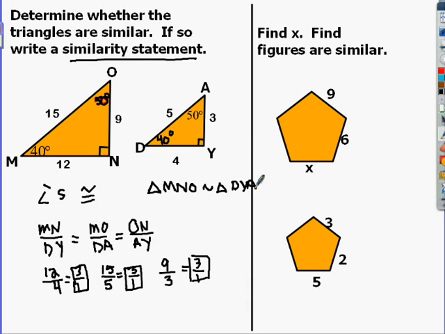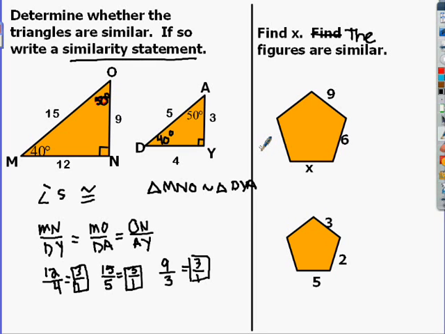Alright, excellent. Alright, in this other problem, it says find x. And then it says the figures are similar. Well, remember, in this case it's a 5-sided figure, so the pentagons are similar.